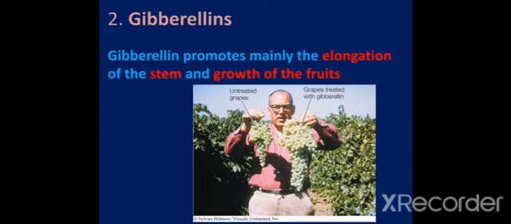You can see the difference. Here, normal cabbages are shown on the left side, but cabbages treated with gibberellins are shown on the right side. So, what is your idea about this type of cabbage?